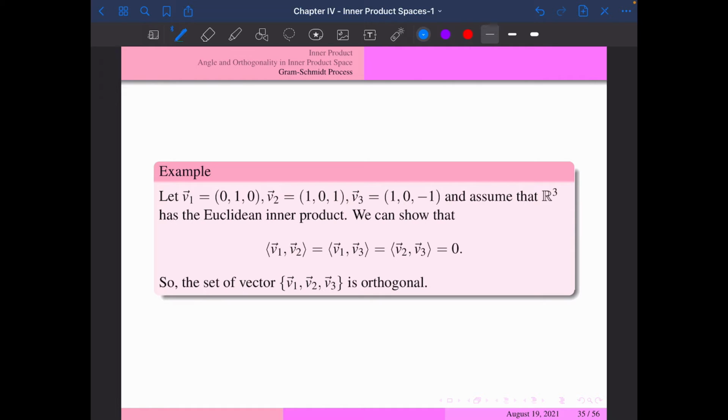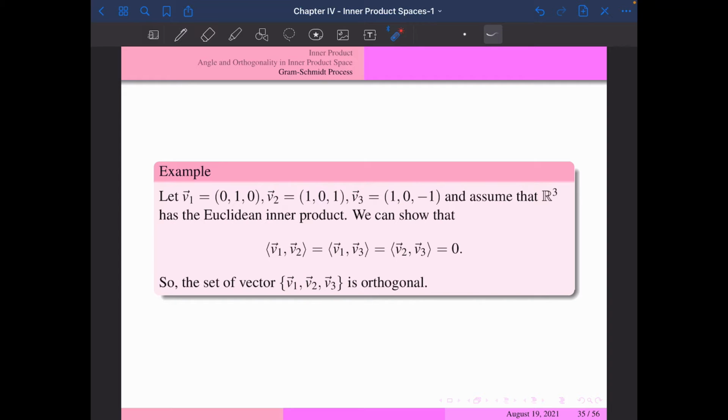It's easy to show that if we calculate the inner products of v1 and v2, v1 and v3, and v2 and v3, all of them are equal to 0, right? It's very easy to calculate. So this set is an orthogonal set.